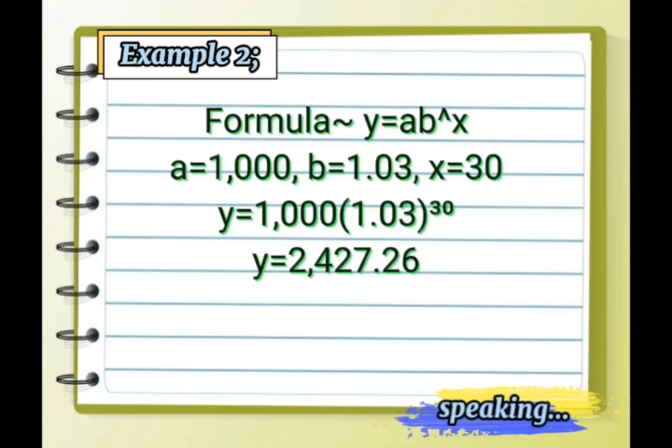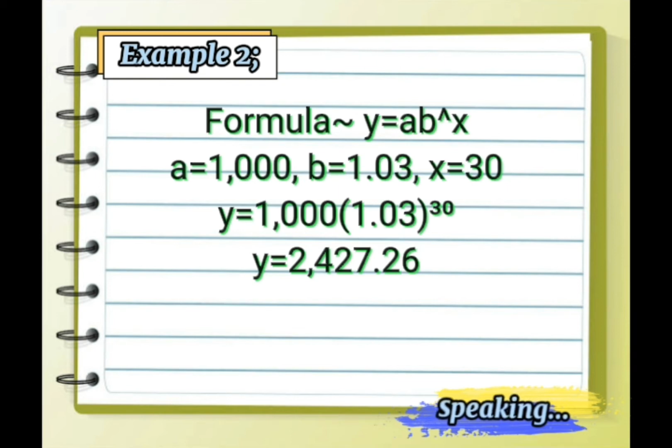Substitute the given numbers in the formula. So, we have y equals 1,000 for the starting number, multiplied by 1.03 because we add 1 to 0.03 as the growth factor, raised to 30 because there are 30 days in 1 month. Y equals 1,000 times 1.03 raised to 30.